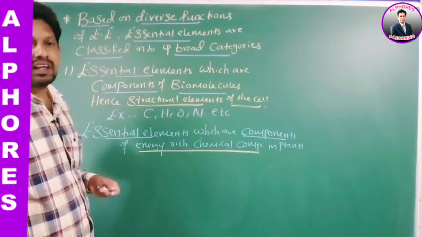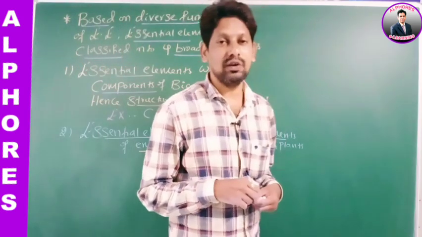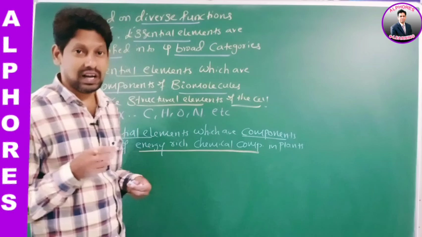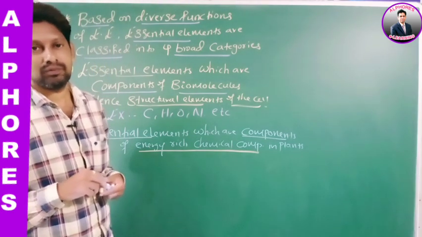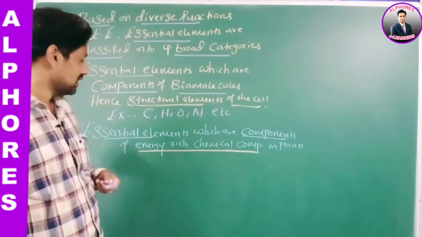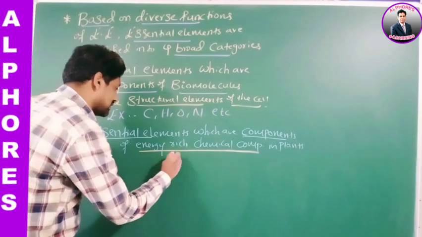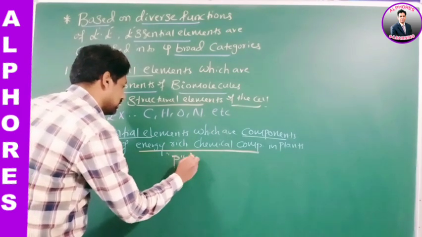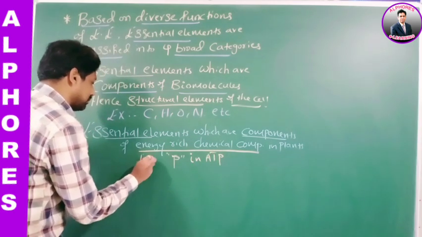For example, take ATP. What is the full form of ATP? Adenosine triphosphate. Yes or no? Triphosphate, phosphorus. Therefore, the phosphorus present in ATP comes under this group. I am writing examples: phosphorus in ATP.